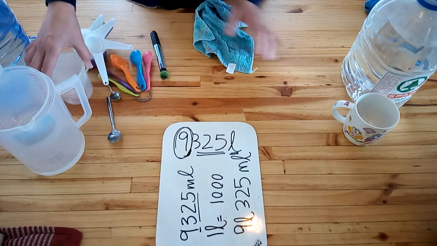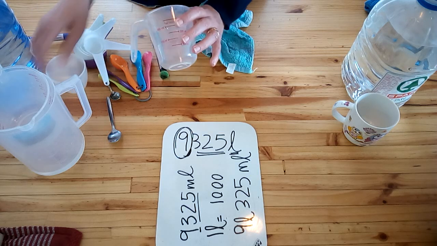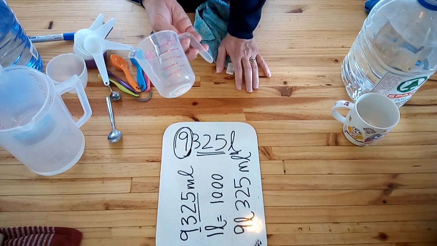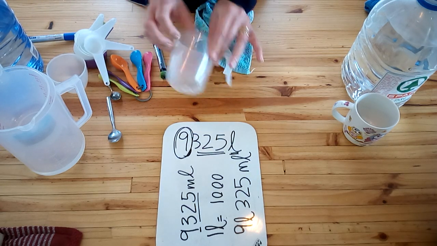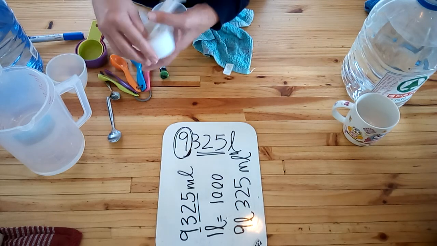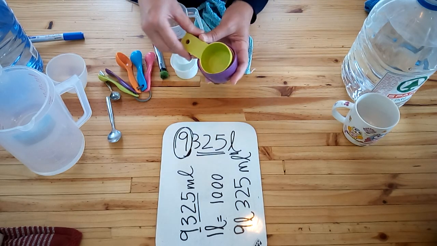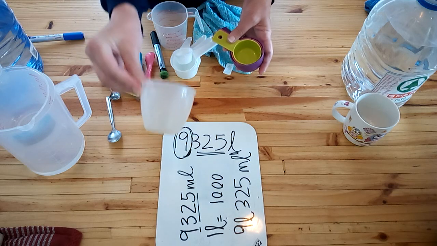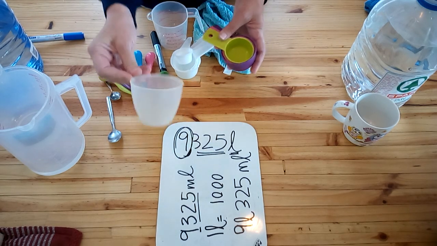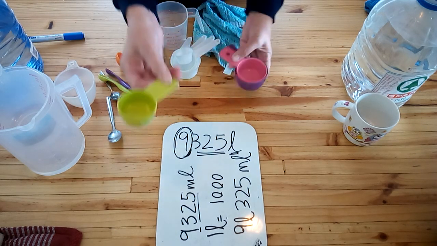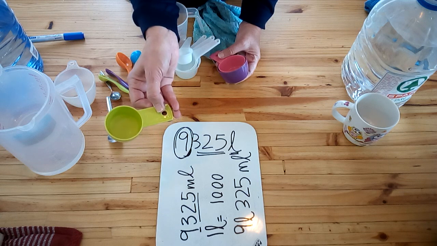I just want to show quickly, if I'm going to use these measuring cups, I'm going to ask you to use a quarter cup. That is a quarter of a measuring cup. Now, I have a nice one that says a quarter cup.